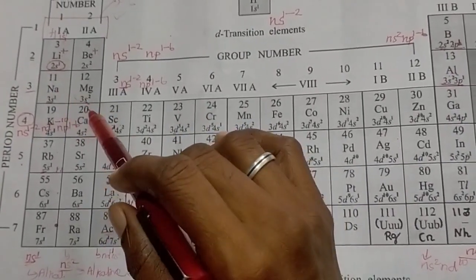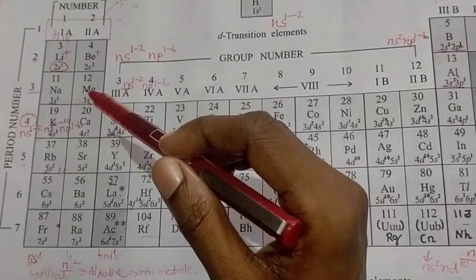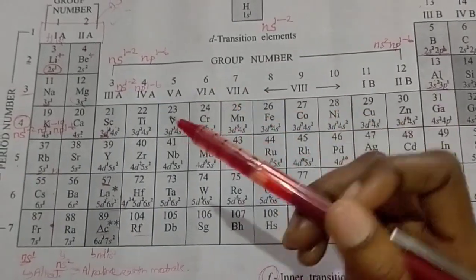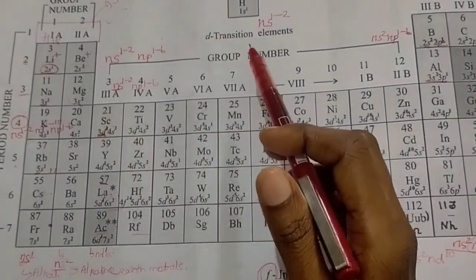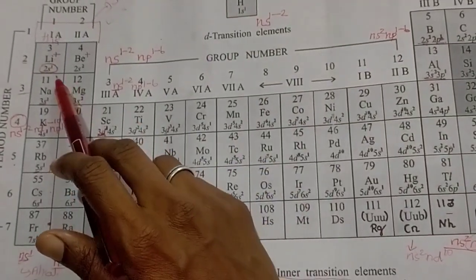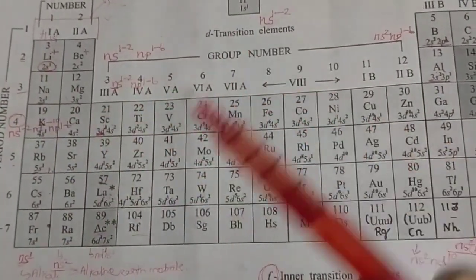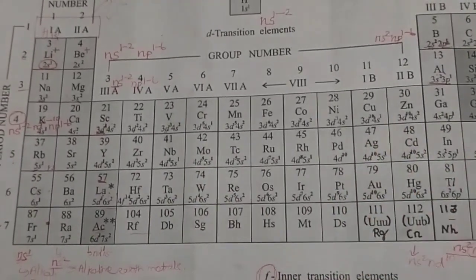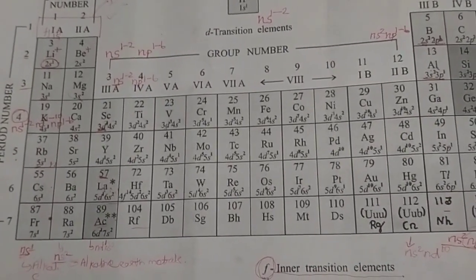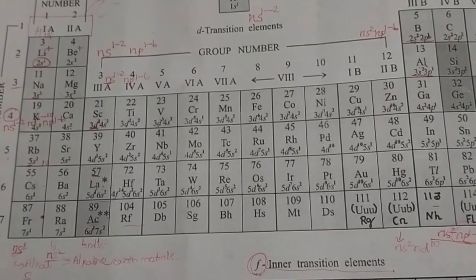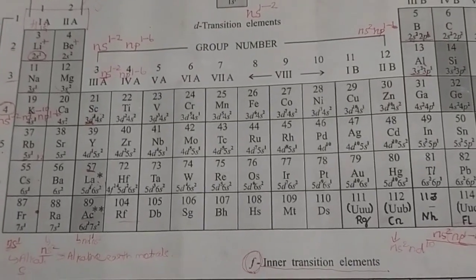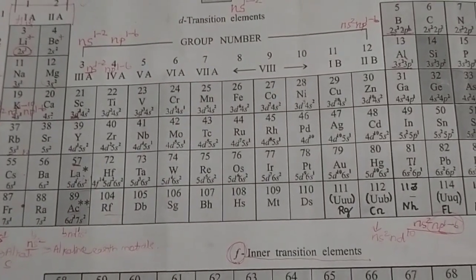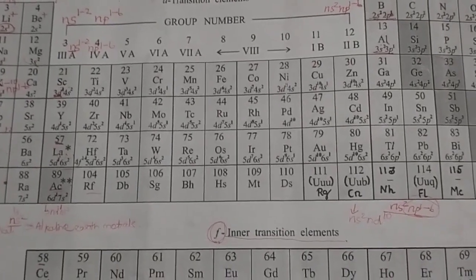So the inner orbital electrons are shielding, or covering, the electrostatic attractive force of the nucleus on the valence electron, that means the outermost electron. So the effect of the nucleus, or the attractive force of the nucleus, decreases, and the ionization energy also decreases. The inner electrons decrease the attractive force of the nucleus acting on the valence electron. So the ionization energy also decreases.